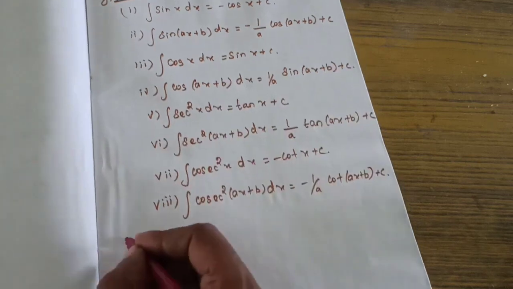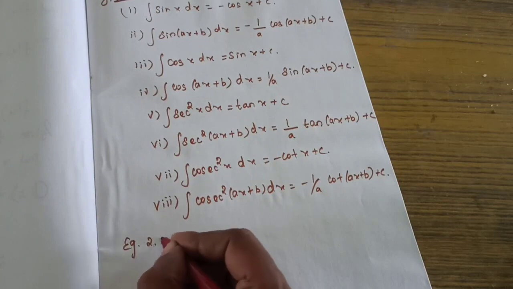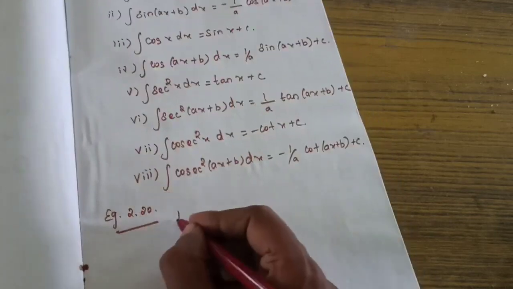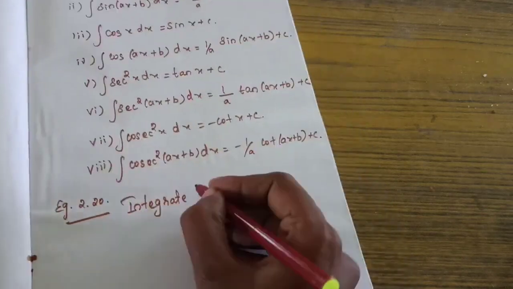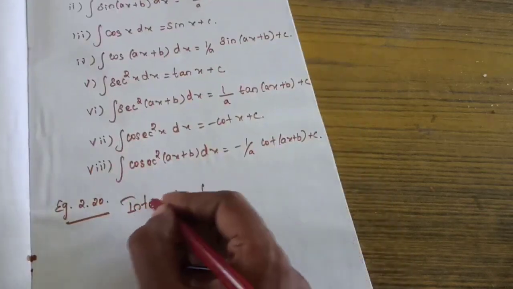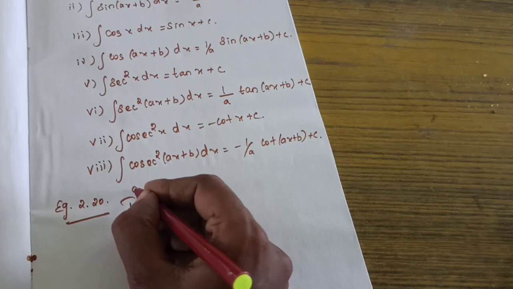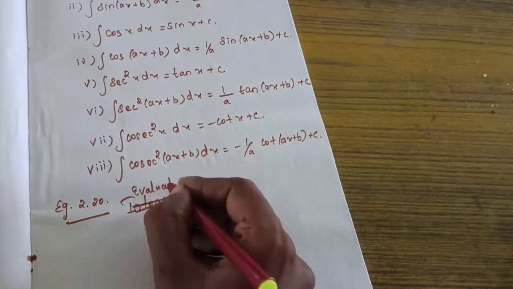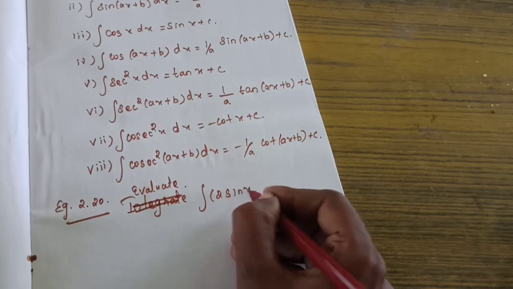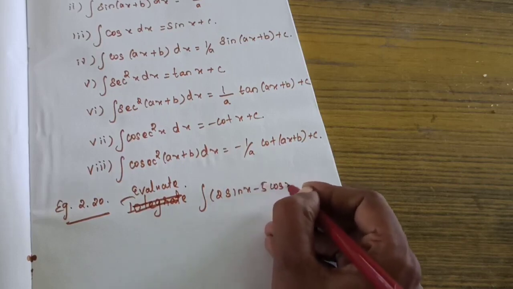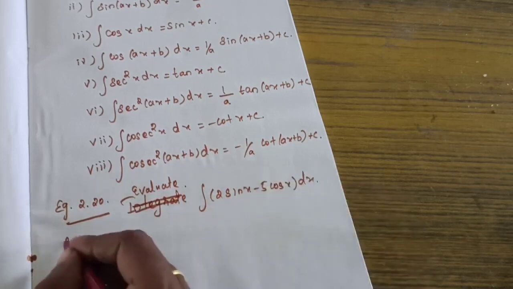Understand? So now example 2.20. Evaluate integral of 2 sin x minus 5 cos x dx.